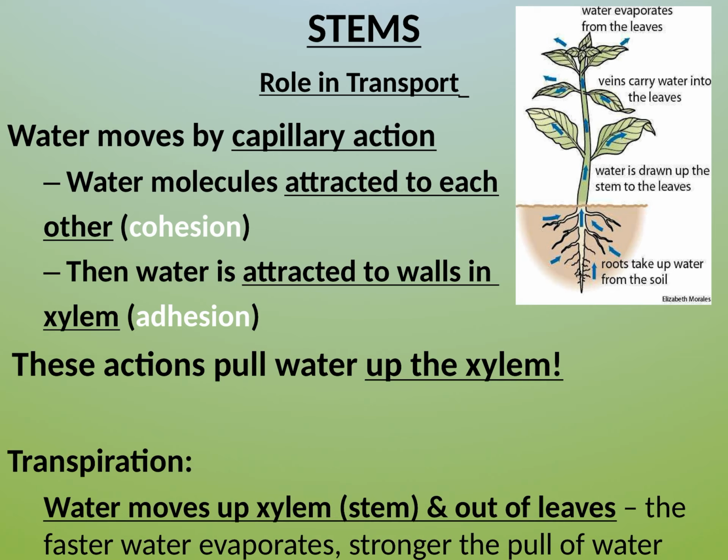So transpiration is what it's called when the water moves up through the xylem and up through the stem and out through the leaves. If we have a little picture here, this might make it a little clearer. On the top right of your screen, we can see water going into the roots and flowing up through the stem. It's being pulled up by that capillary action, and then it's going into the leaves.